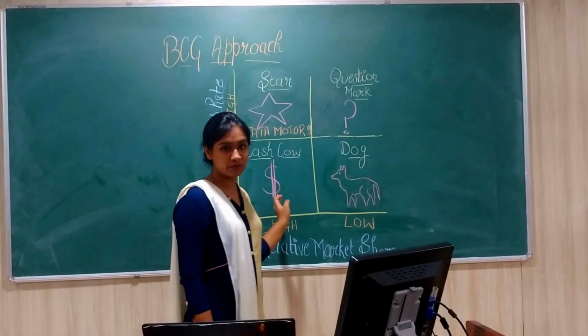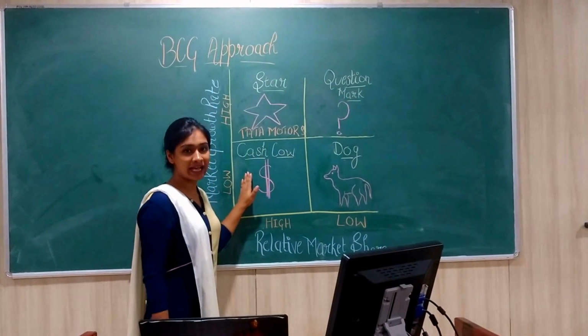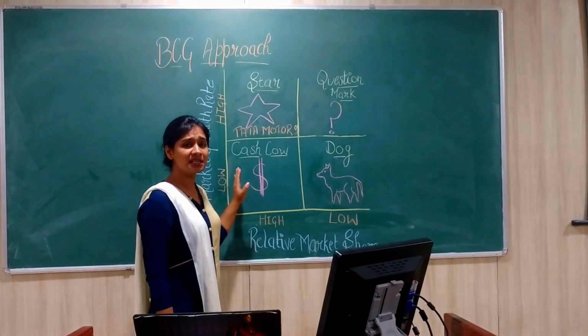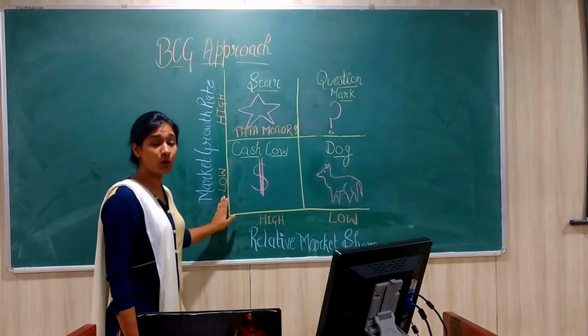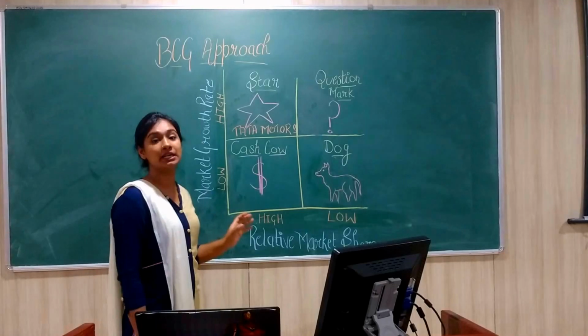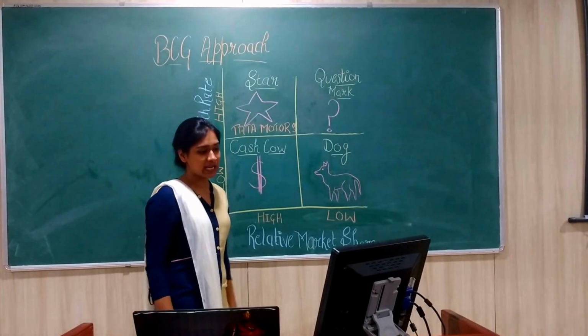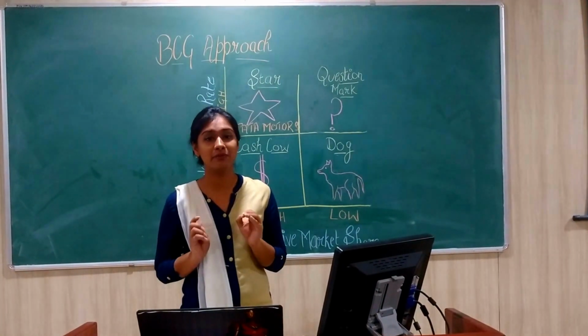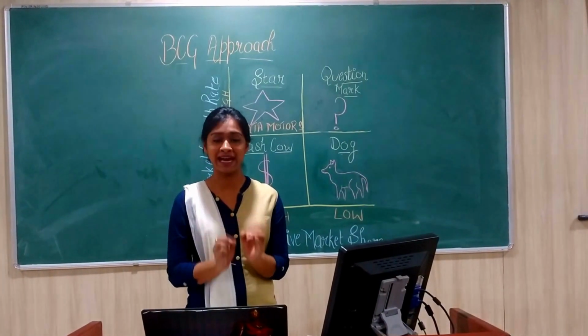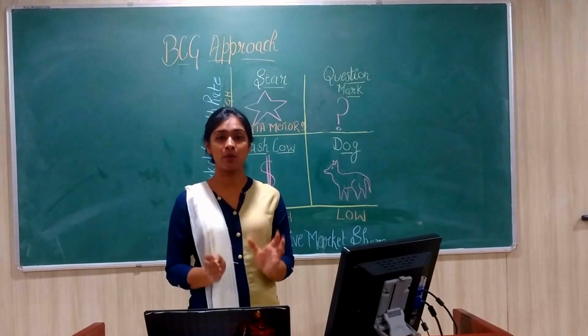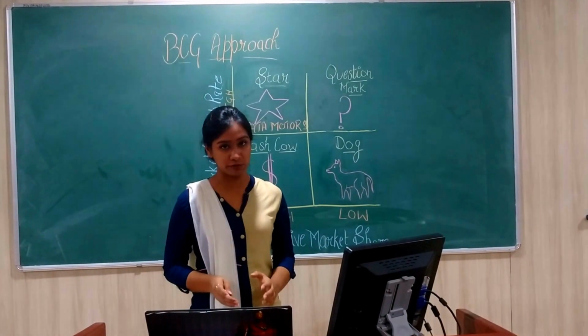The next quadrant of the BCG matrix is the cash cow. Cash cows have a very low market growth rate, but a very high relative market share. The cash cow needs very little investment, and with that little investment, you can harvest a huge amount of profit.